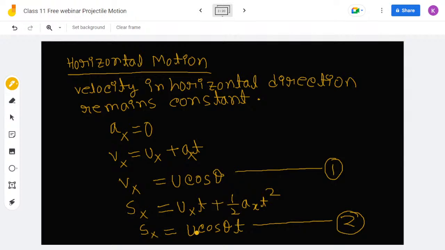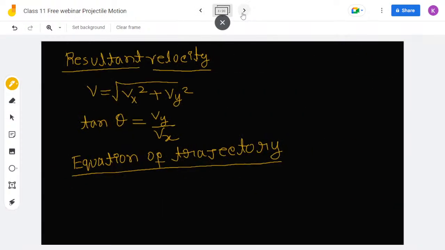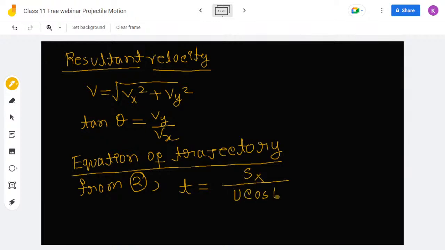So we can write it as s suffix x by u cos theta equal to t. So from 2, t equal to s suffix x by u cos theta.